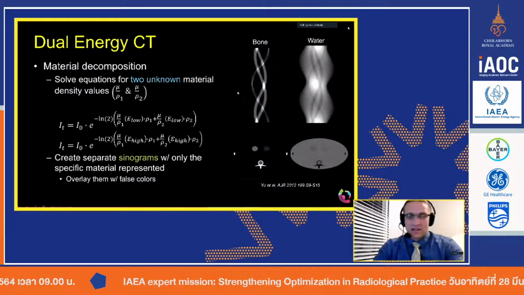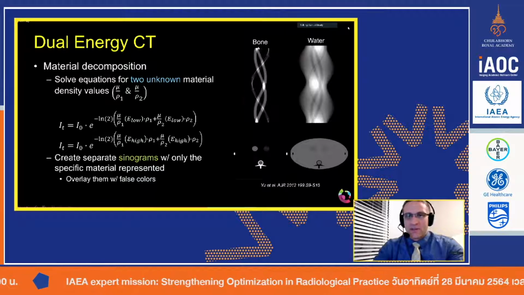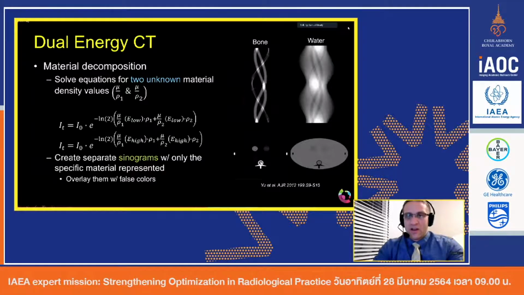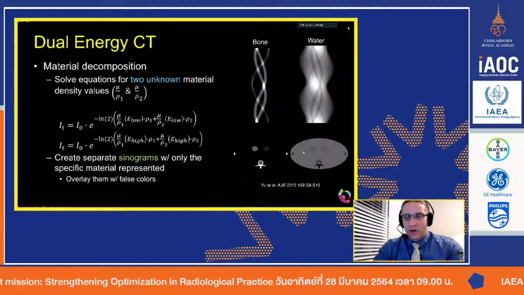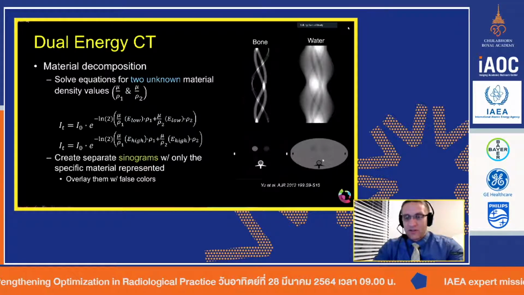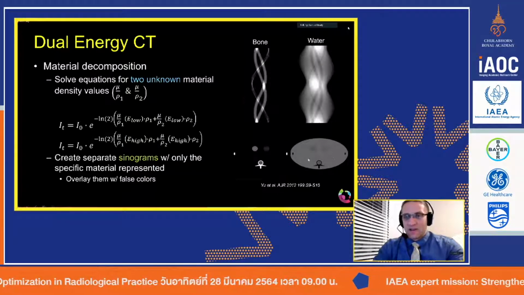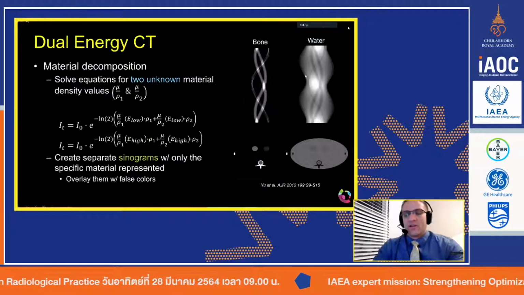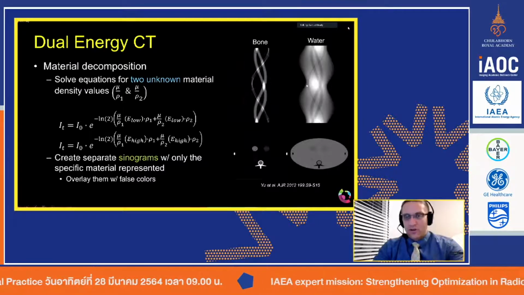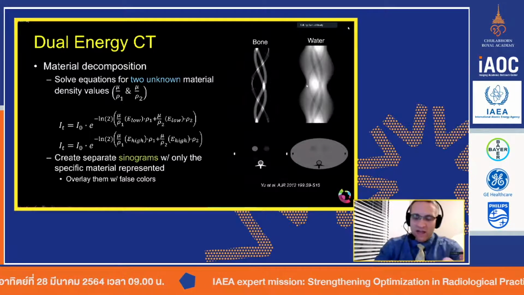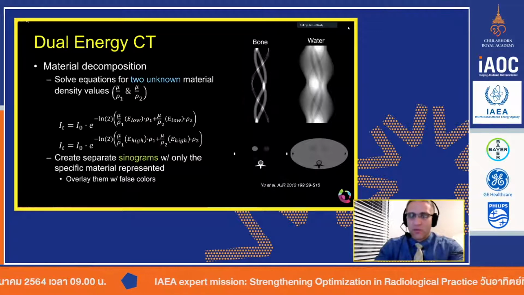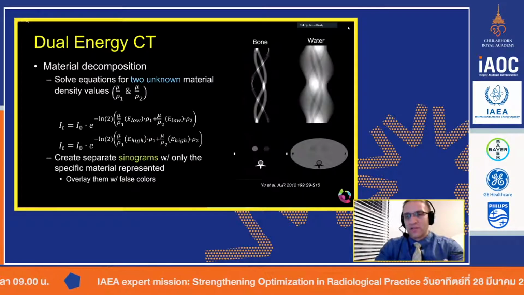Here I just give you a sinogram that is separated just for bone, and one just for water. They're not perfect separations, and that's because of the atomic structure of water. Obviously water has hydrogen and oxygen, and bone is going to have some of that material in it too.